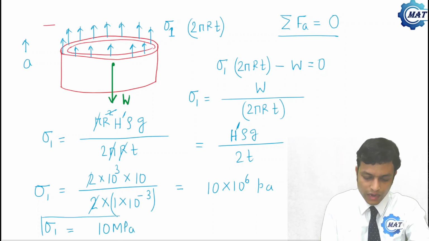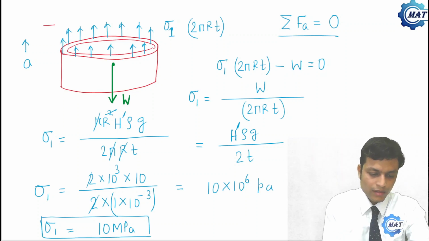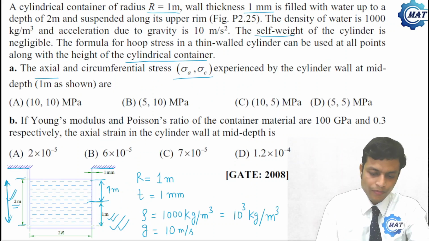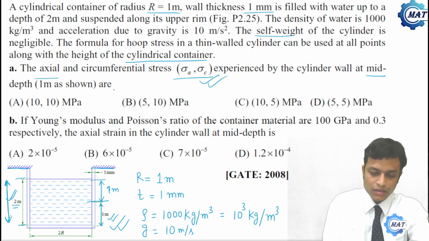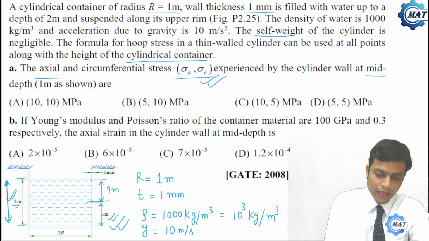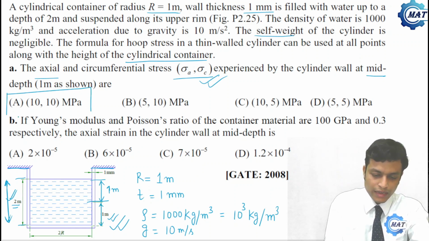So both sigma 1 and sigma 2 become 10 MPa at the mid height. So let us go back to the problem. Both sigma 1 and sigma 2 are 10 MPa at the mid depth of the cylindrical vessel. So option A is correct here.